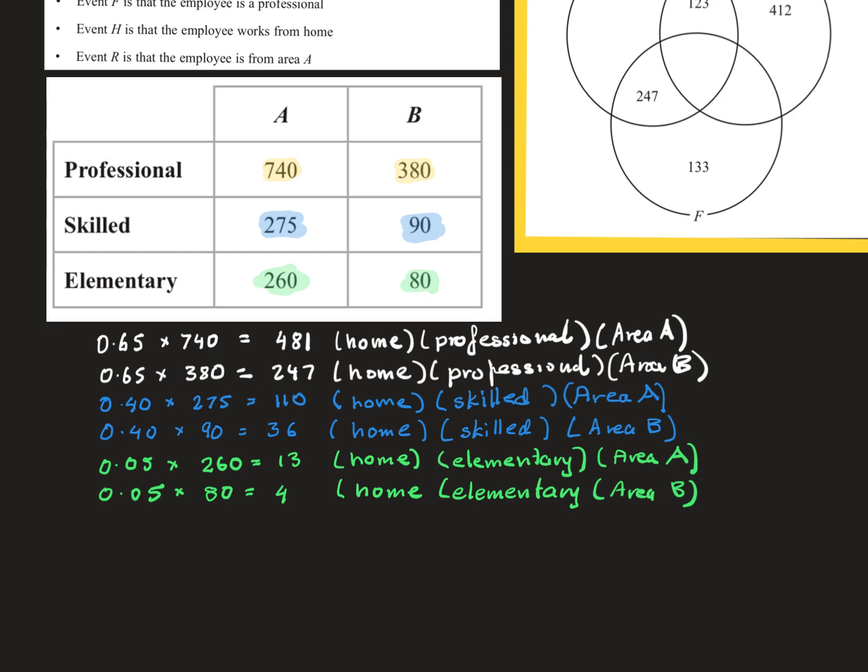Now that I've calculated it, I'm just going to put them inside those cells, the numbers relating to each cell. So we had 481 here, 247, 110, 36, 13, and 4.